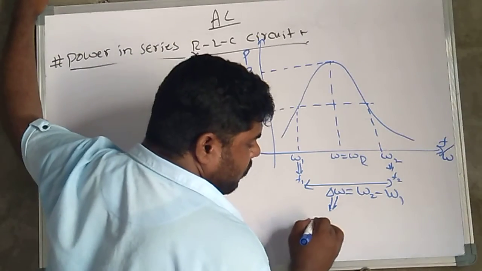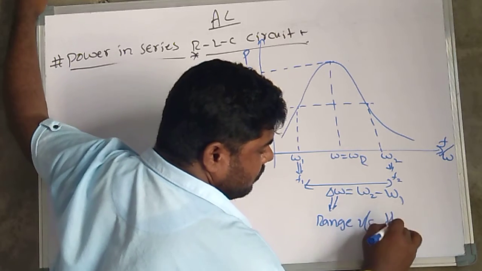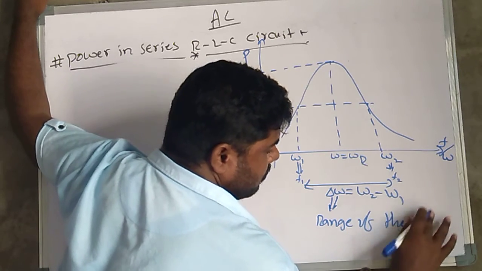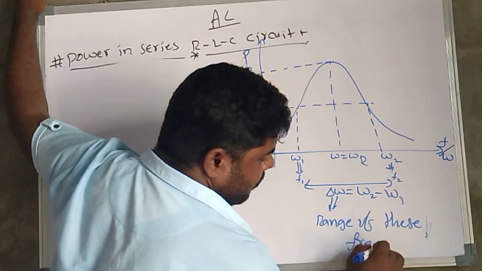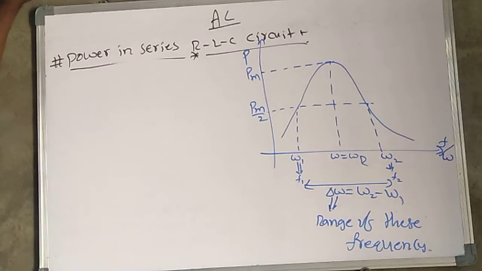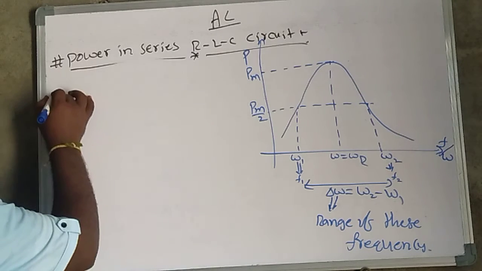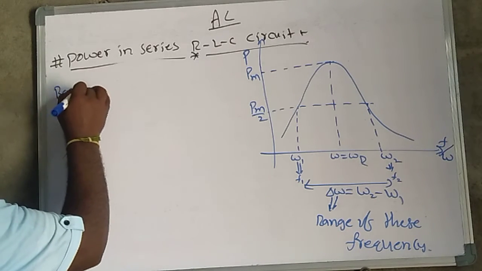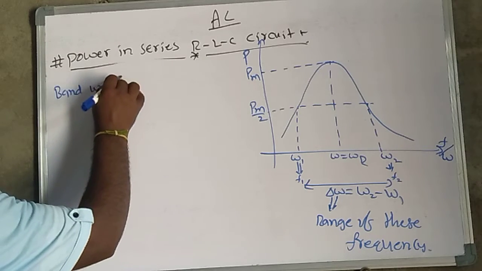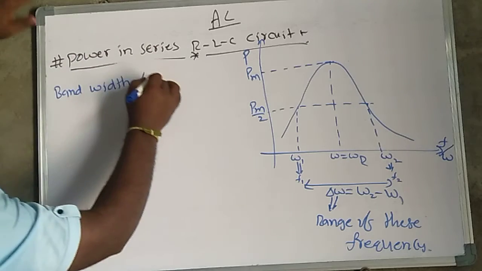This range of frequency we call the bandwidth of a resonance circuit.